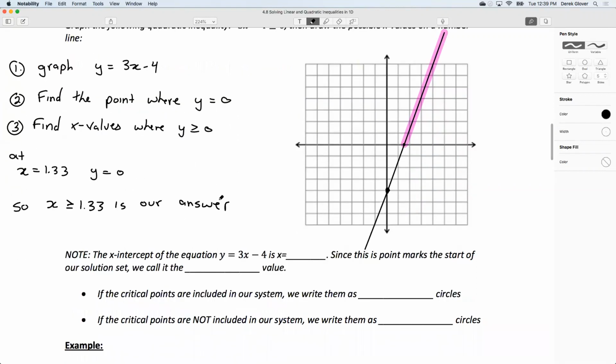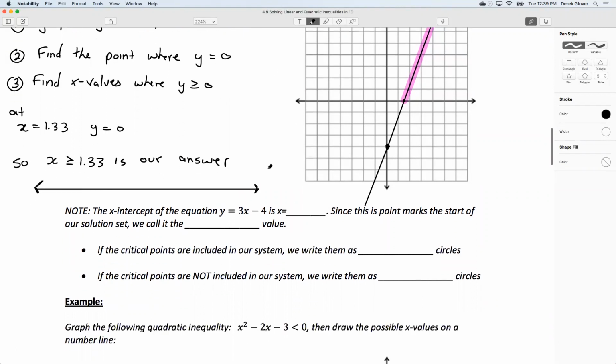If we want to draw this on a number line, zero is in the middle, we'll make this point 1.33. And essentially our answer is going to be a line above this.